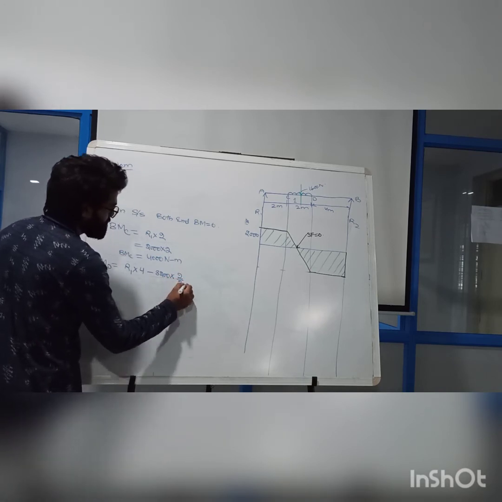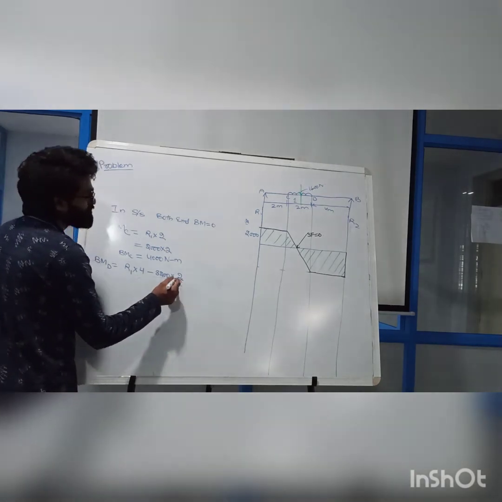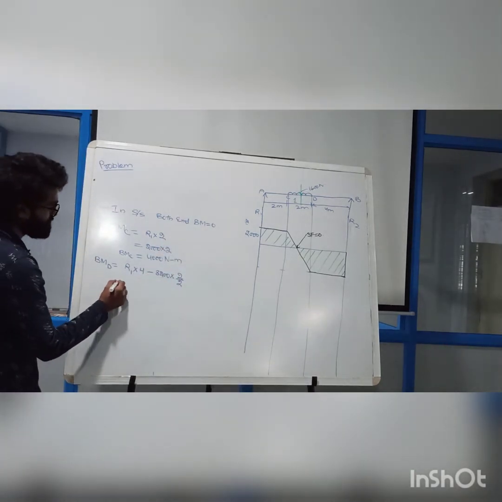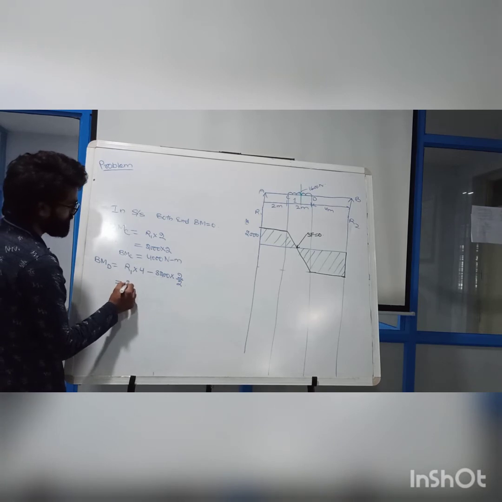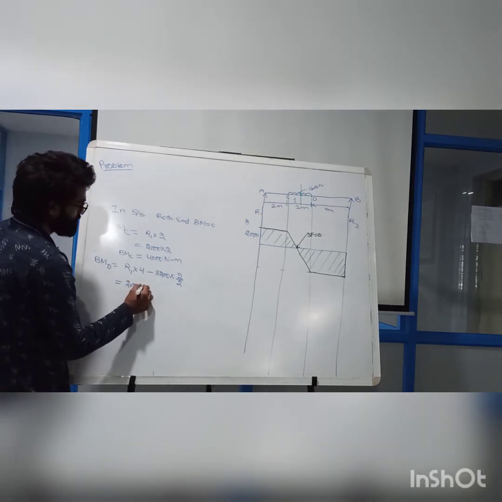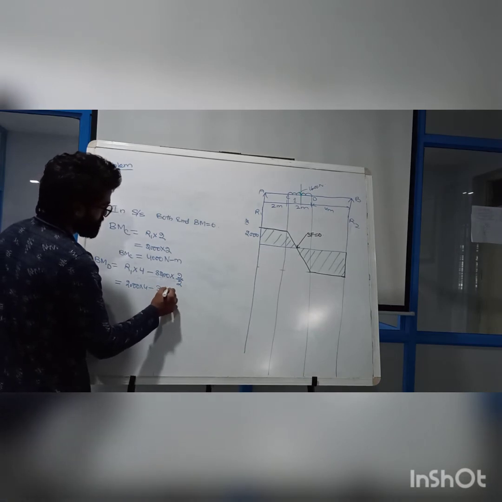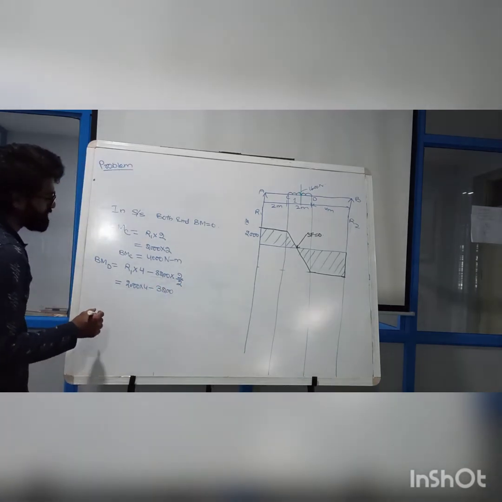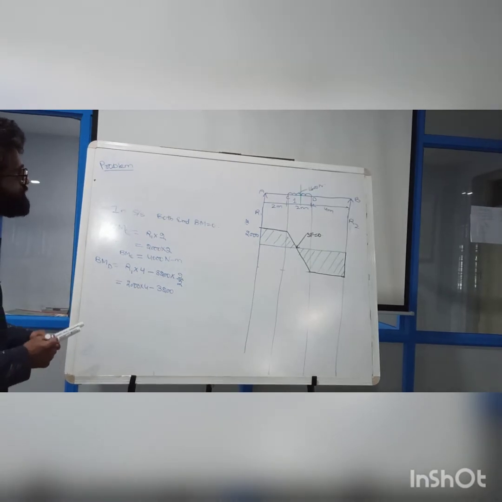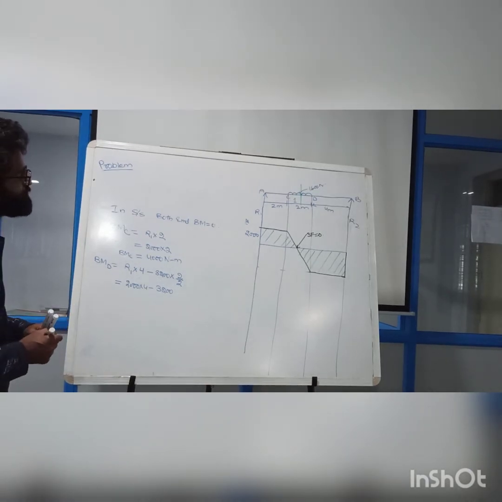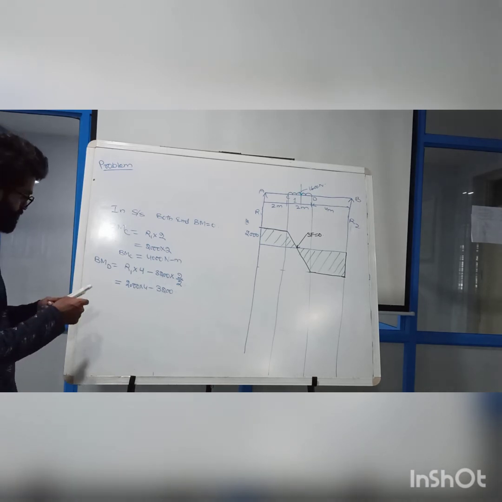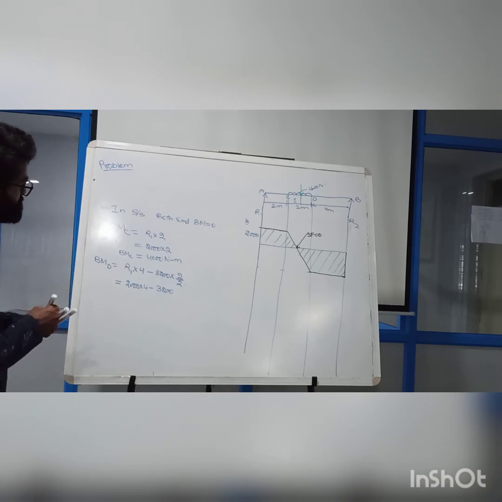Getting my point? It is acting at half of the distance, so half of the distance means 1. If I solve this, I put my values 2000 into 4 minus 3000. So if I put these values in, what do I get at D?